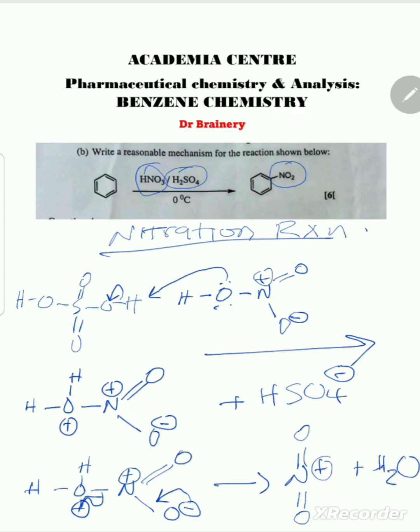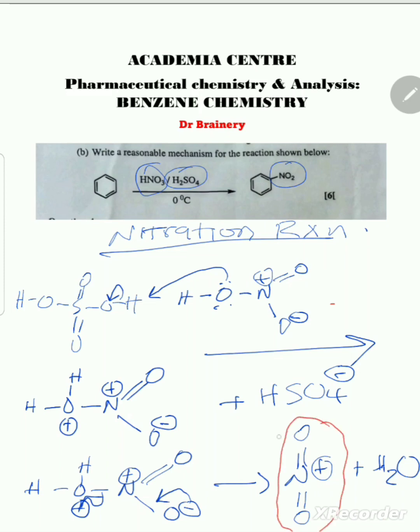This water molecule is going to be lost. Why? Because now it is a good leaving group, and these electrons will come back to make a double bond like I've shown, plus water which has been lost there. Then this which has formed here, let me even use a red color, is an electrophile which we are going to use there. Don't forget, this is an electrophile.